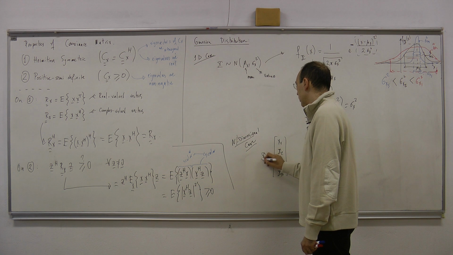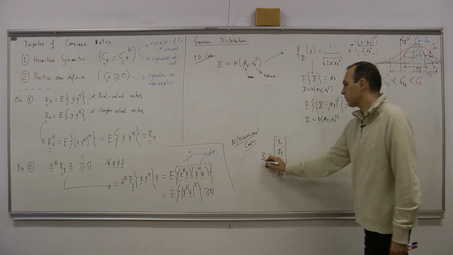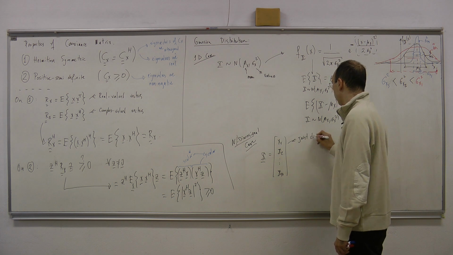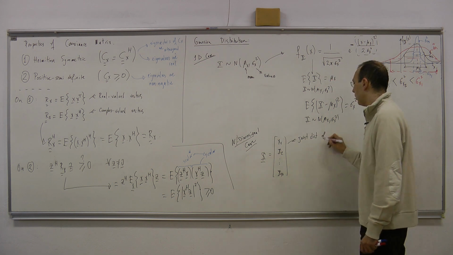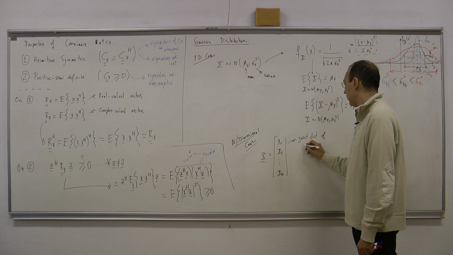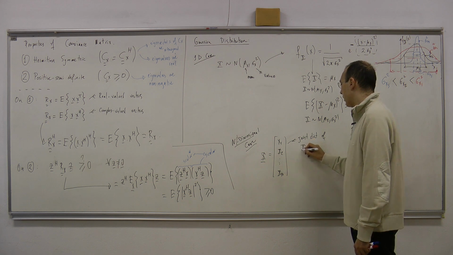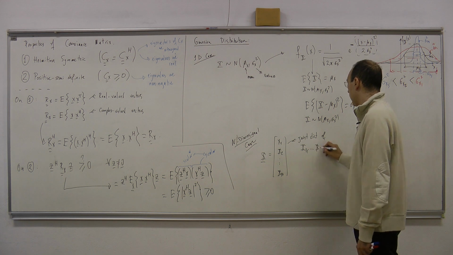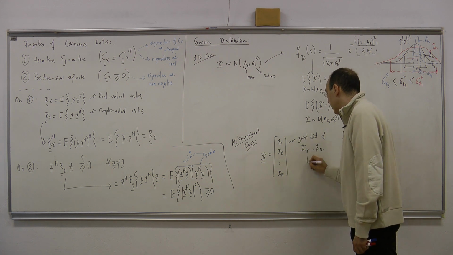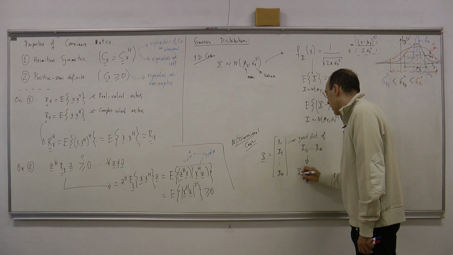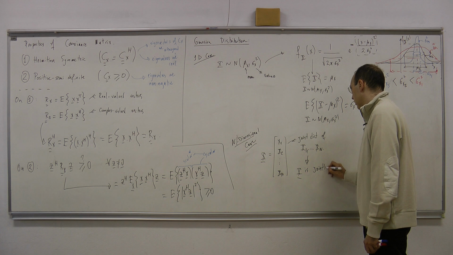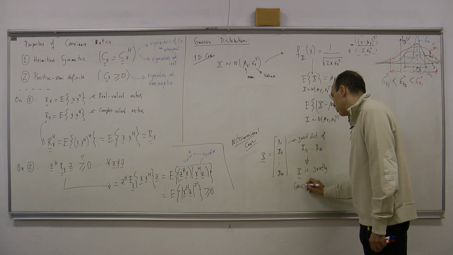So this is a random vector x. This is the joint distribution of x1 up to xn. We say that the x vector is jointly Gaussian distributed.